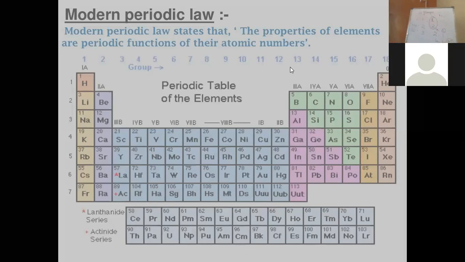Here in the next period, that is period number 3, there are also 8 elements, right? And then the sixth period and seventh period contain 32 elements, and that is called a long period. Fourth and fifth periods have 18 elements and are also called long periods.